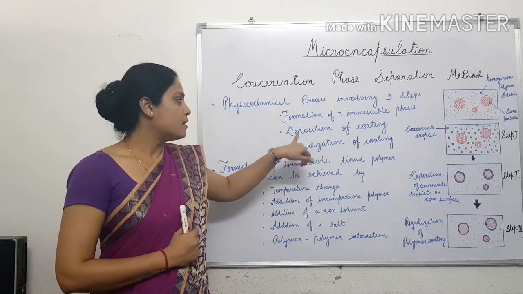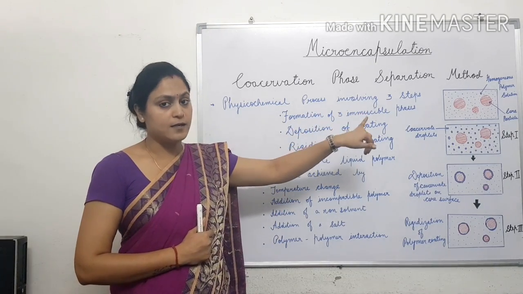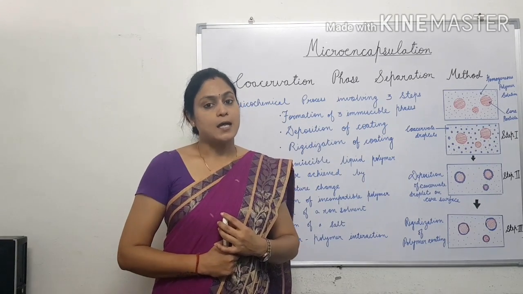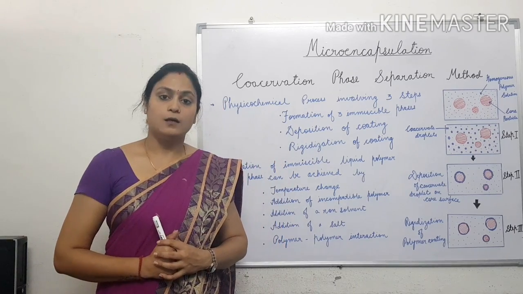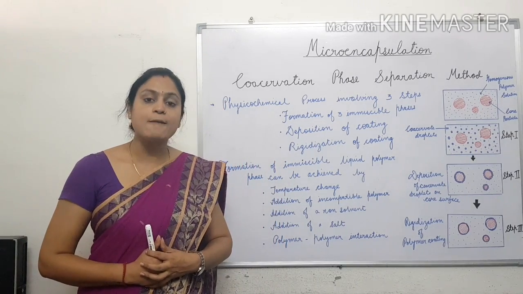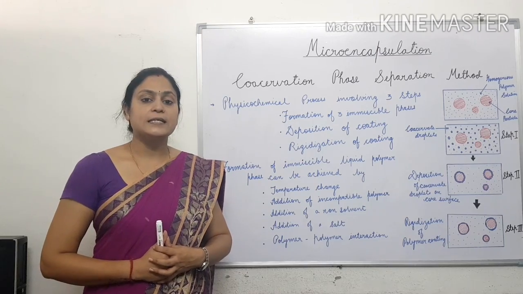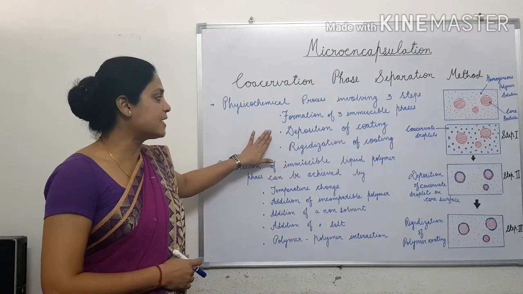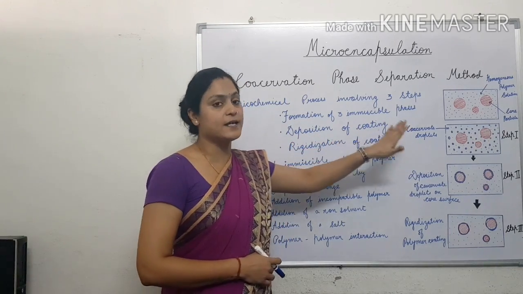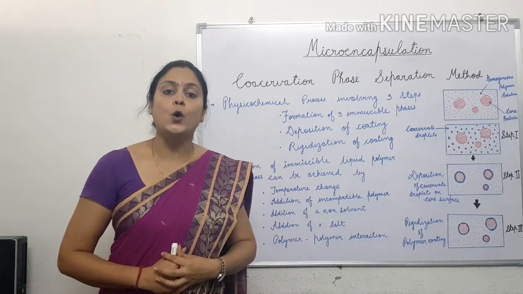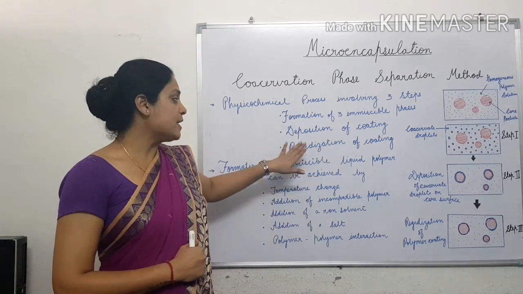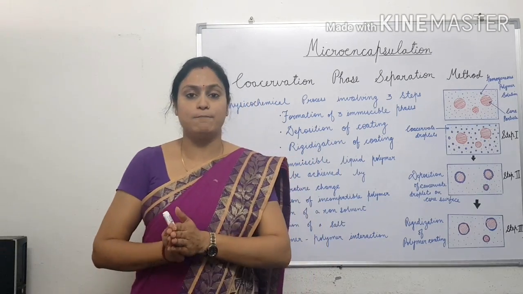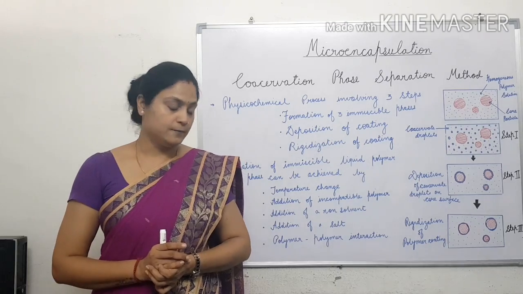In the first step, formation of 3 immiscible phases occurs, in which one phase is the core material, the second phase is the immiscible coating material or coating polymer, and the third phase is the liquid manufacturing solvent or vehicle. The second step is deposition of coating material onto the surface of core material. The third and final step is the rigidization of the coating membrane over core material.